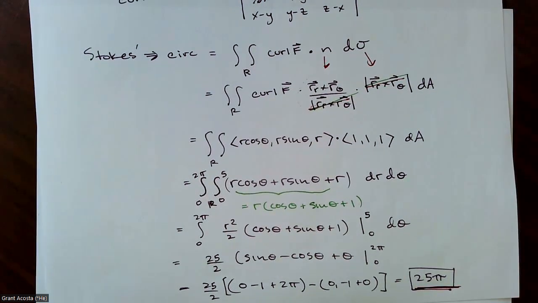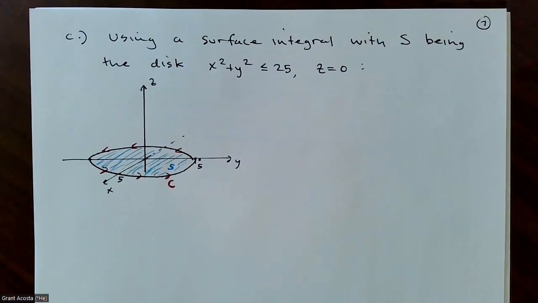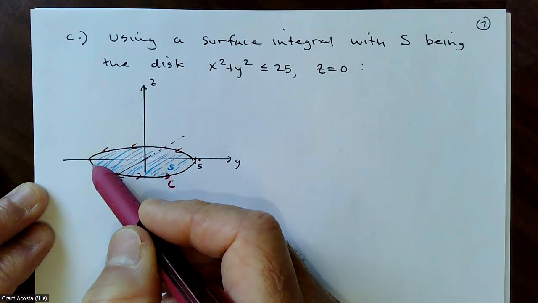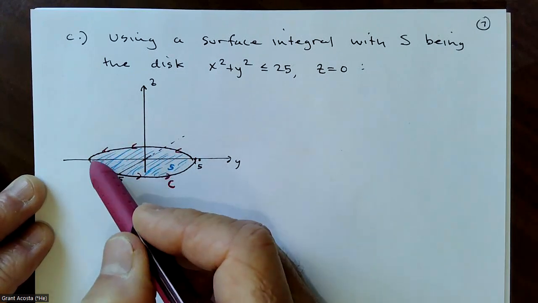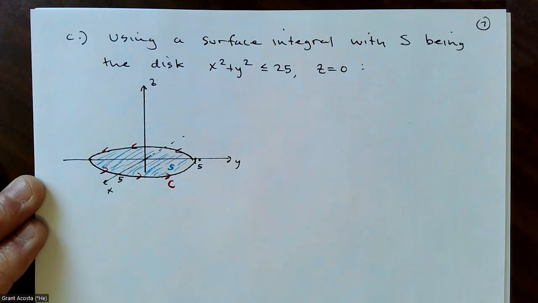Now, what I want to show you next is actually what's really cool about Stokes' theorem, is that idea. So we're going to do the same problem with that same vector field. But remember what we said was that any surface that has the same boundary curve should give you the same value for the flux of the curl.